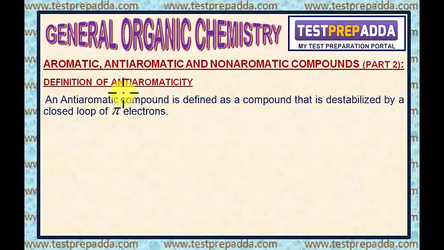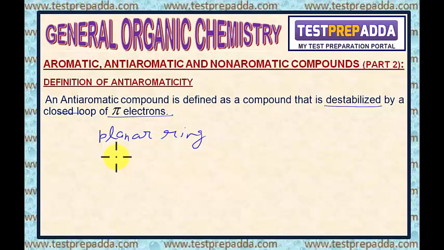Definition of anti-aromaticity is: an anti-aromatic compound is defined as a compound that is destabilized by a closed loop of pi electrons. And let me tell you, the condition for anti-aromaticity is a planar ring, and a closed loop of 4n pi electrons.